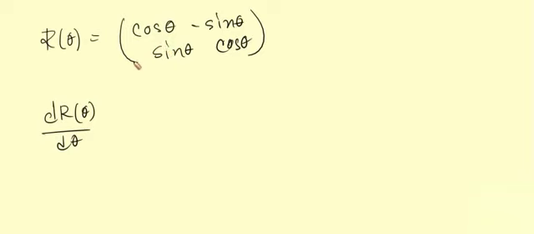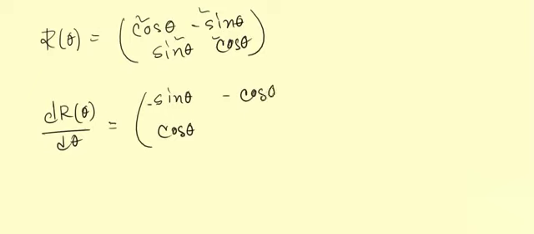So the idea for that is to perturb each of these elements and then take the limits to be 0. In simpler terms, this can be done by just taking derivatives of each of these elements. So if you just take the derivative, this will be minus sine theta, here will be a cosine theta, there will be a minus cosine theta, and finally you will have a minus sine theta.